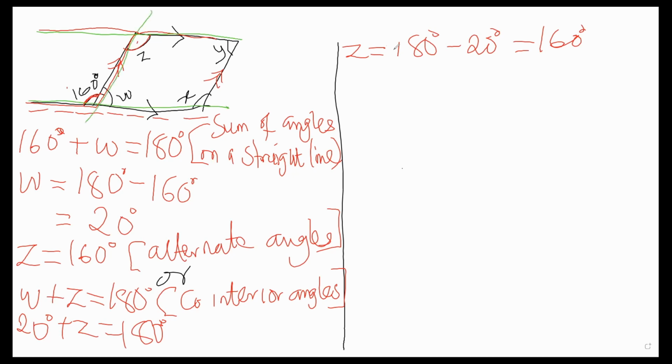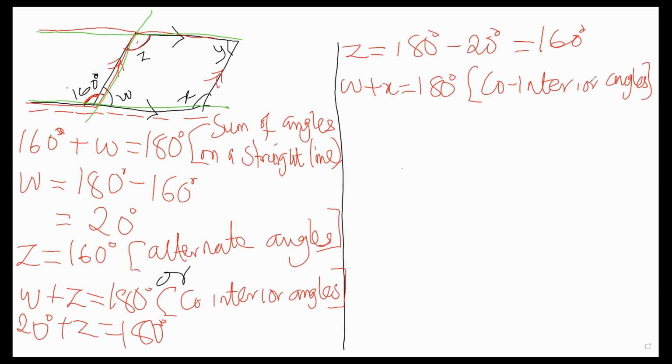So W and X, they are co-interior angles. So we are going to be saying that W plus X is equal to 180 degree. The reason is because they are co-interior angles.